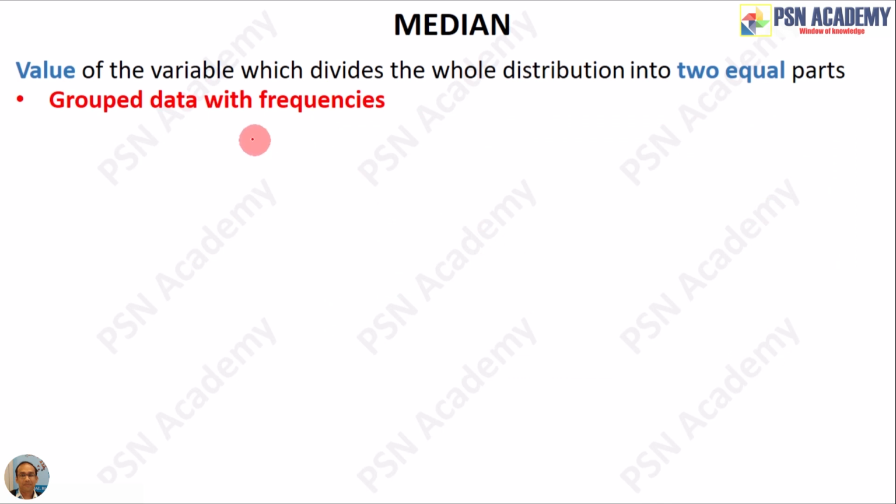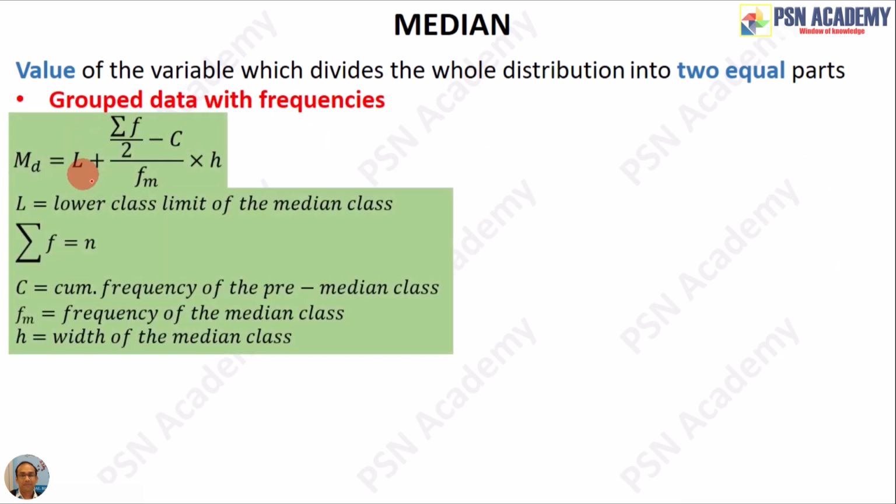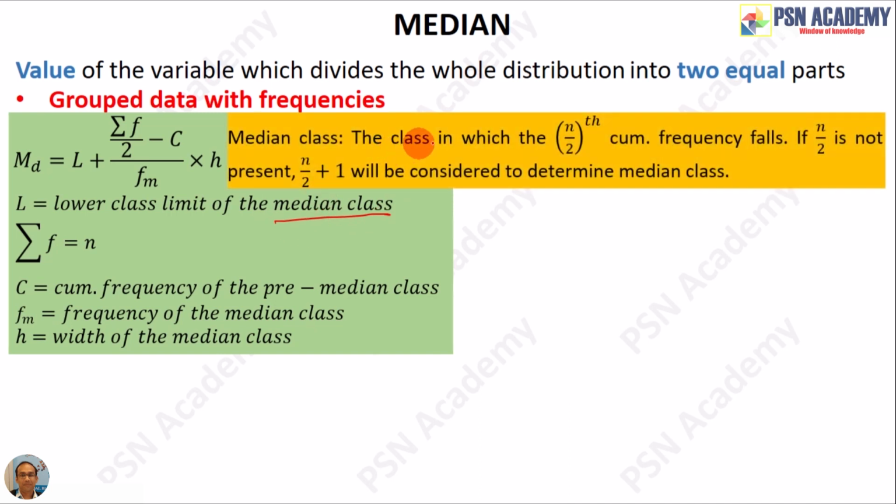Now we go with grouped data with frequencies. For this we have this formula: L plus ((summation of f by 2 minus c) by f suffix m) multiplied by h. Now what this L is, it is the lower class limit of the median class. Now what is the median class? The class where the n by 2th cumulative frequency falls.